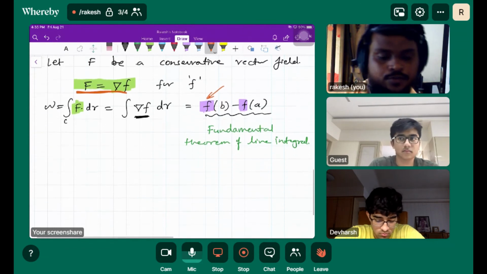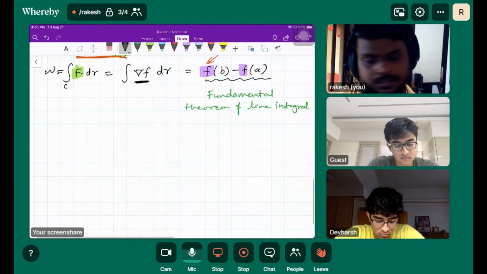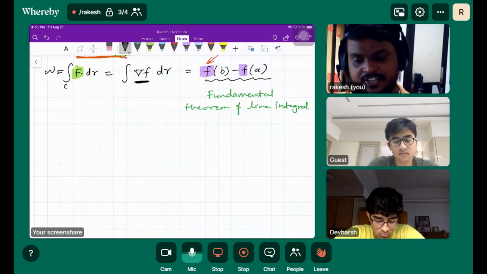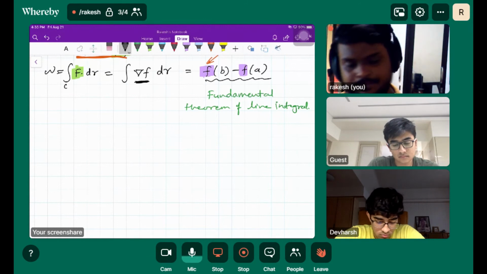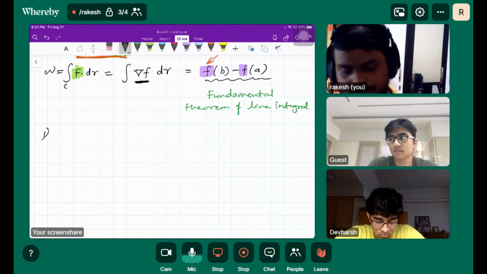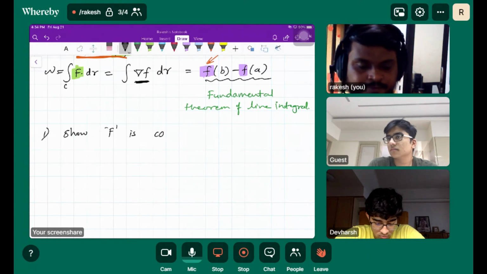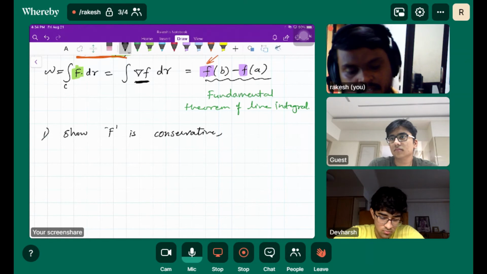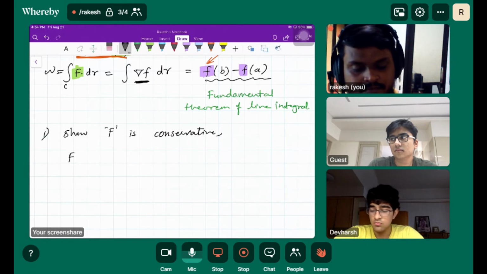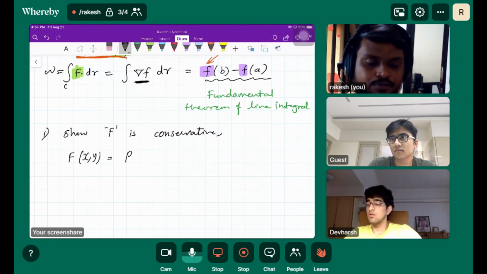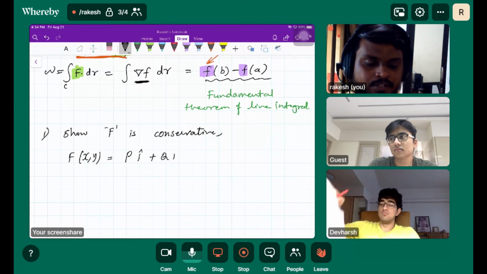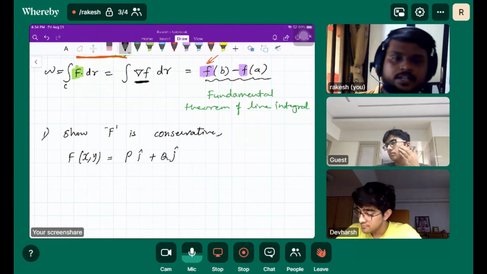To show the given vector field is conservative, it's very simple. Write down the heading, show f is conservative. So f of x comma y is equal to p i cap plus q j cap, right?